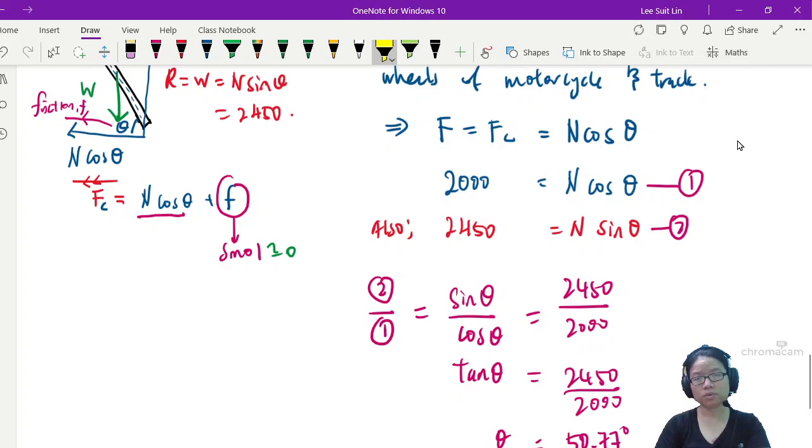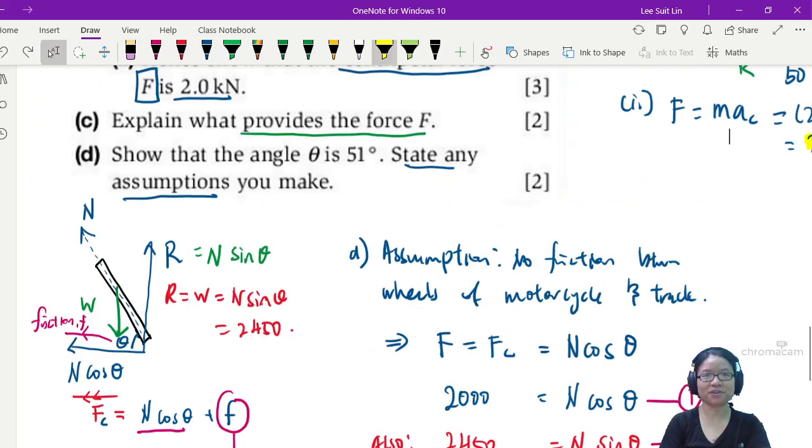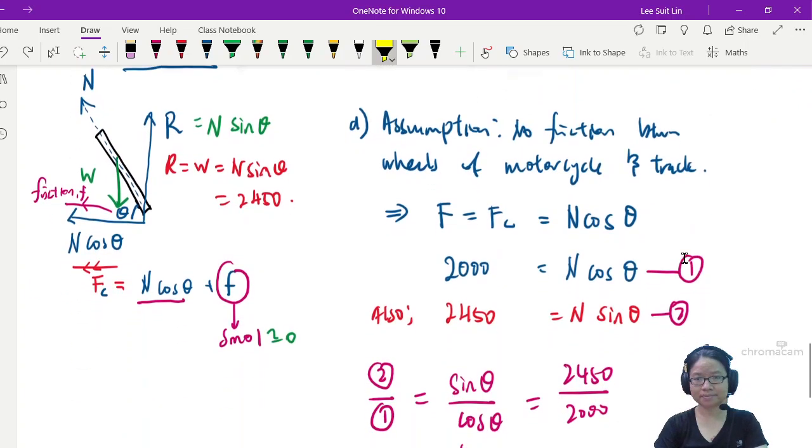Hello? Okay, so centripetal force is provided by the N cos theta. Let me scroll a bit. There we go. Force provided by N cos theta. So it is provided by the horizontal component of the reaction force.